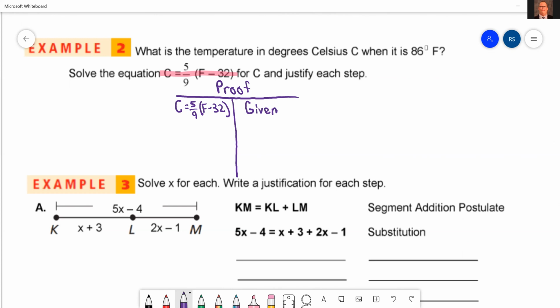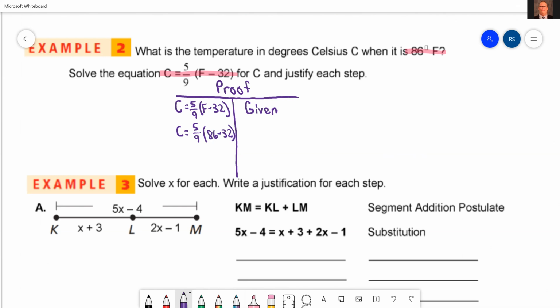Now, what other information did they give us? They gave us this 86 degrees Fahrenheit. So this 86 we could plug in for the F. So I'm going to write this equation, C equals 5/9 times 86 minus 32.